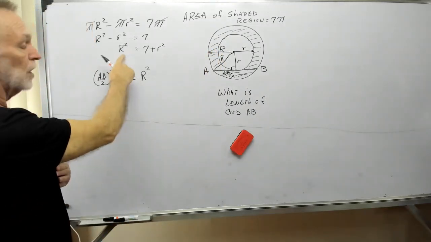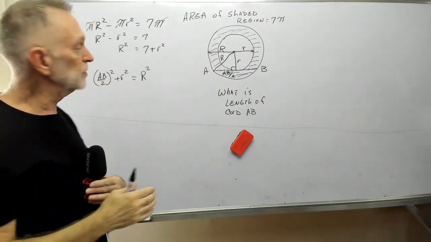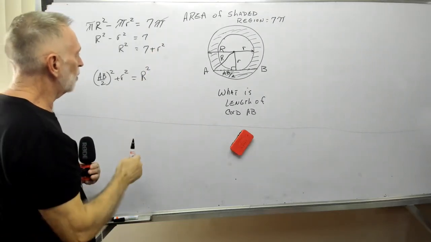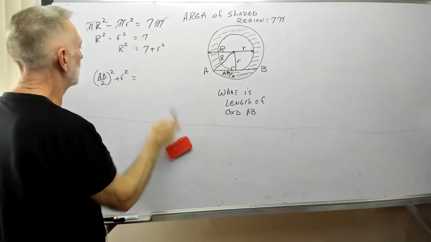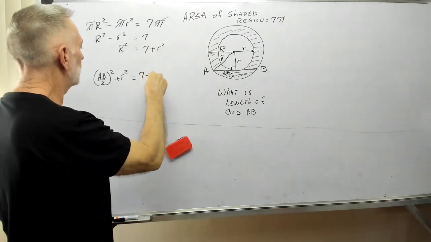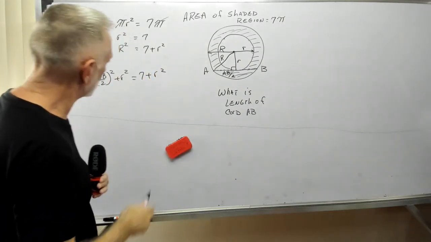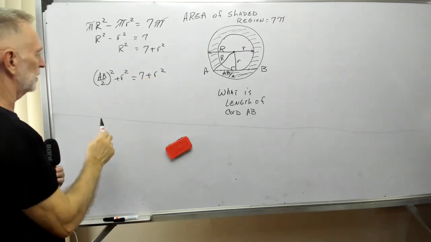Well, we just solved for the outer radius. We know it's 7 plus r squared. Let me just substitute that: 7 plus r squared, the smaller radius squared.